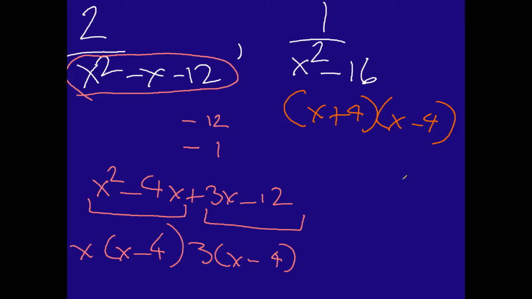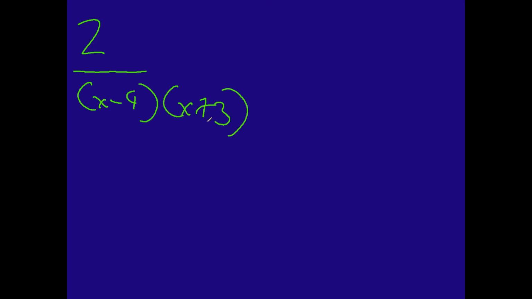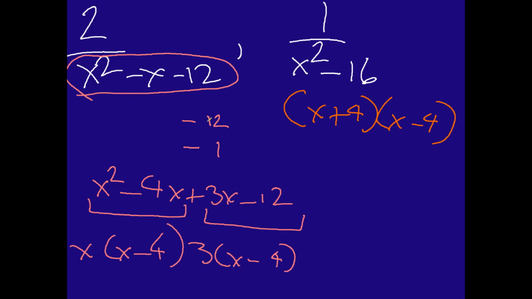So if I redraw this, I will get 2 over x plus 3, x minus 4. This is the original, and I'm going to explain why I'm doing that in a second.